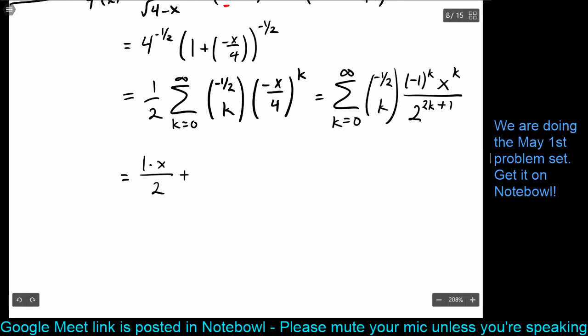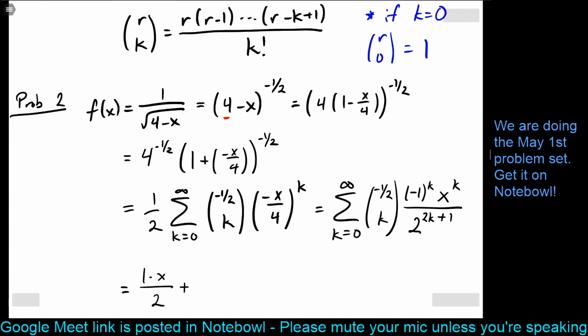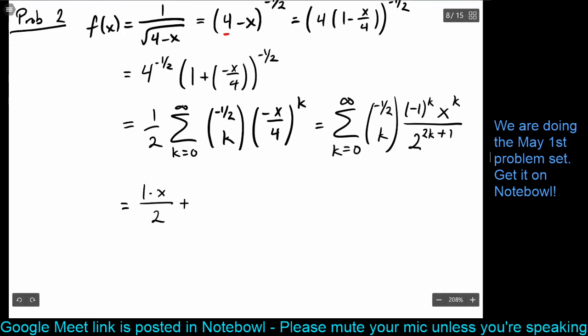Plug in k equals 1. When you plug in k equals 1, the top of this is just going to be r. So this will be negative 1/2 times negative 1 times x over 2 to the third. Right?